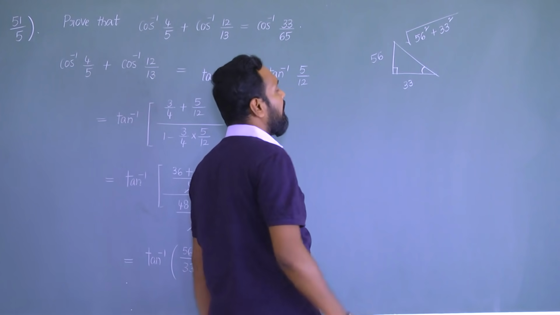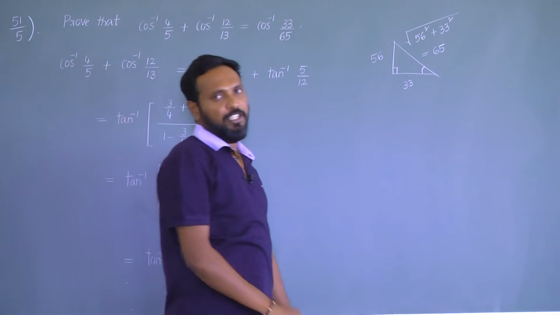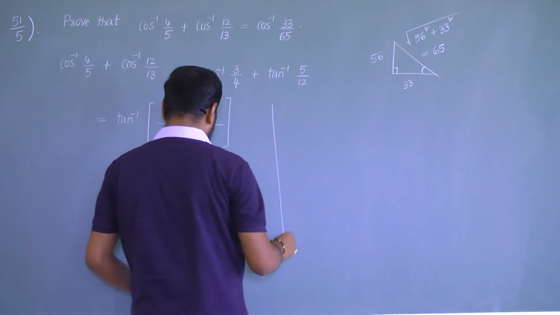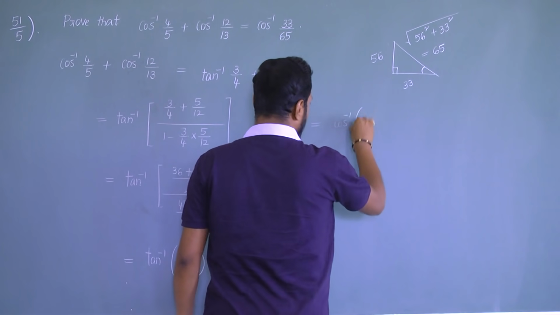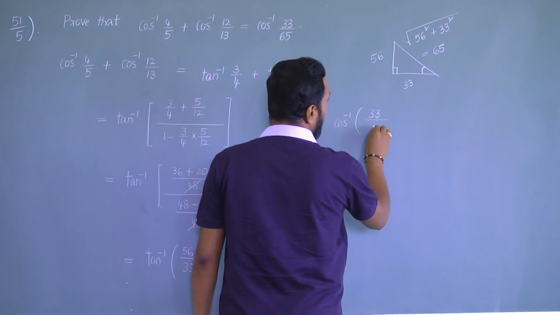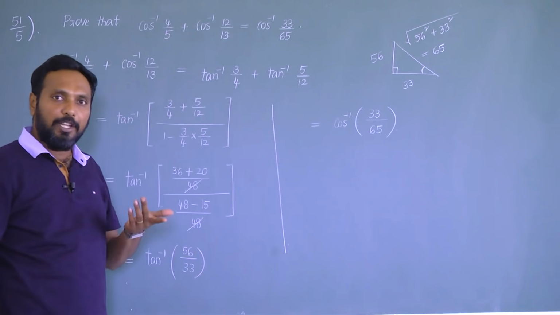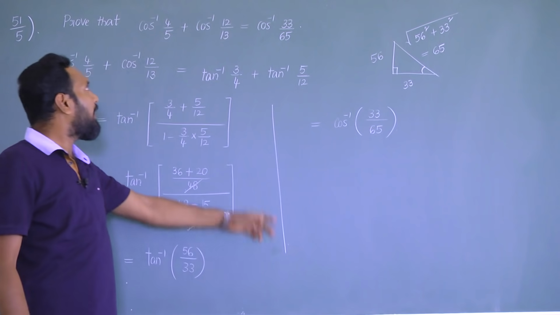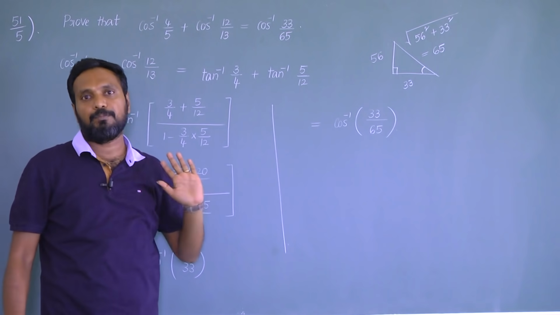If you simplify this, you will get root of 65 square, nothing but 65. So I can write this tan inverse in terms of cos inverse, which is cos inverse of adjacent side 33 divided by hypotenuse 65, which we want on the right hand side. Again, in the conclusion step you need to write LHS equals RHS, whatever is given in the problem.